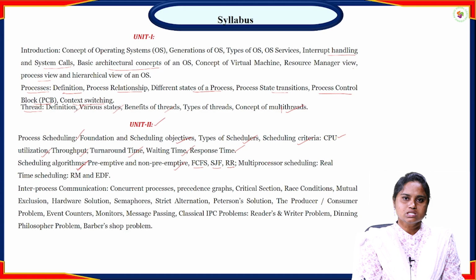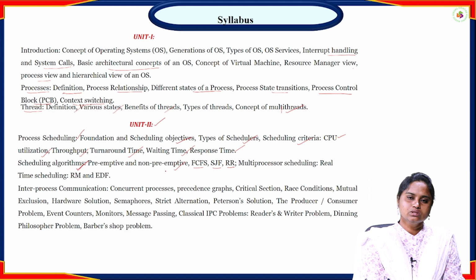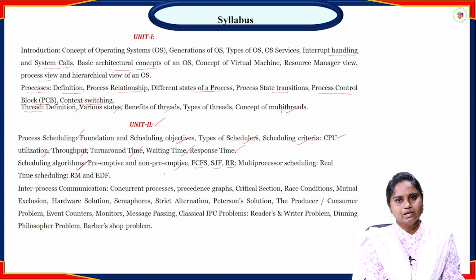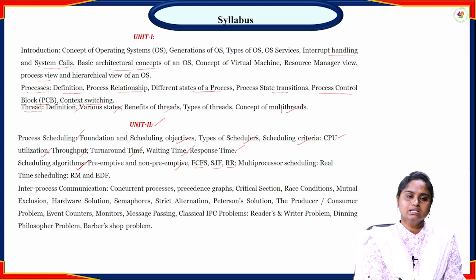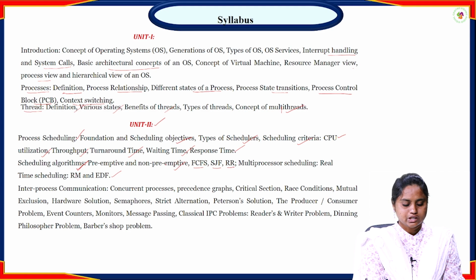So for single processor systems, we have to schedule the CPU, and in multi-processor systems also we are going to schedule the CPU in a different way. And after that, we have real-time scheduling algorithms. These two are the real-time scheduling algorithms.